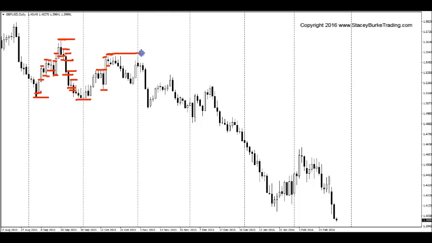So we would mark that off as a medium term peak. The market then made a higher low and a lower high, and then proceeded to make lower highs and lower lows.